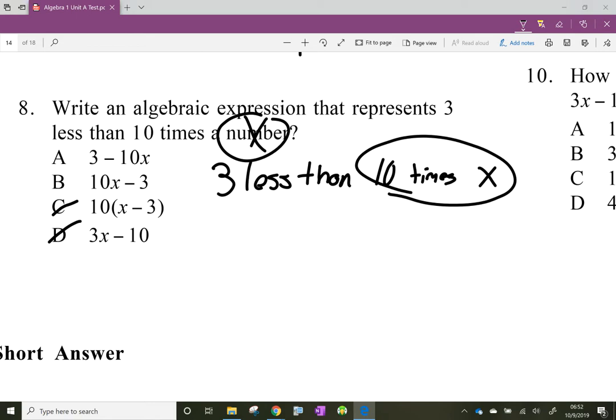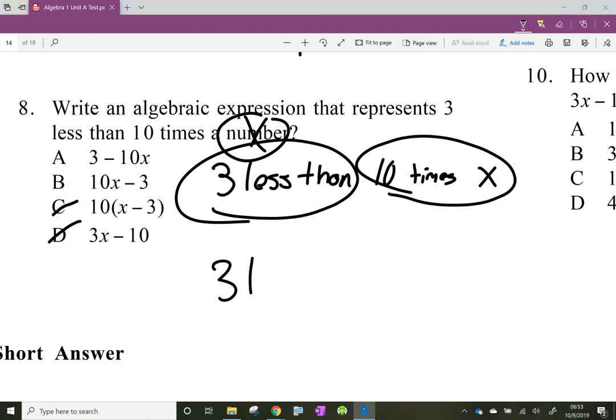Now, when I see 3 less than, you have to think, where you're subtracting the 3. If I said that my brother is 3 years younger, 3 years less than me, let's say I'm 15. My brother's 3 years less than me.